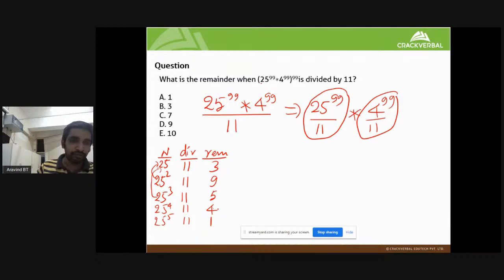So it's a cycle of 5. I have a 25 power 99 here. So clearly, it will give me a remainder of 4. So this part gives me a remainder of 4.